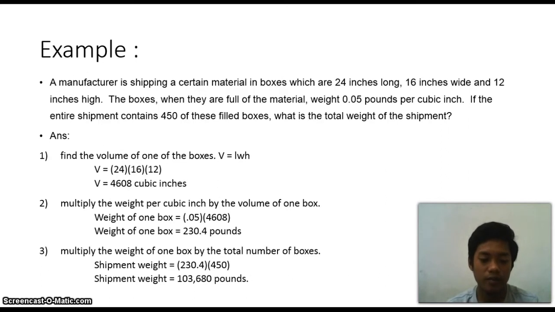The shipment weight equals the weight of one box times the total number of boxes, 230.4 pounds times 450 boxes, and the shipment weight is 103,680 pounds.